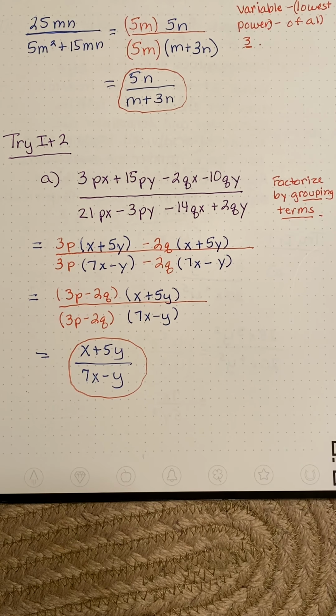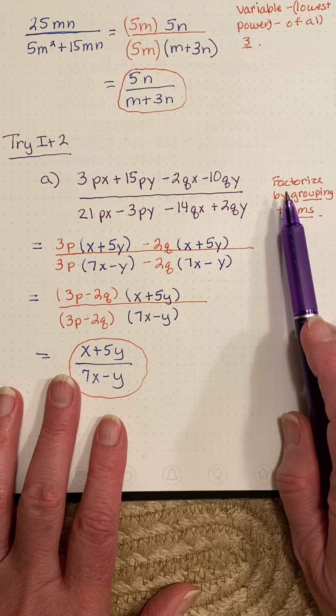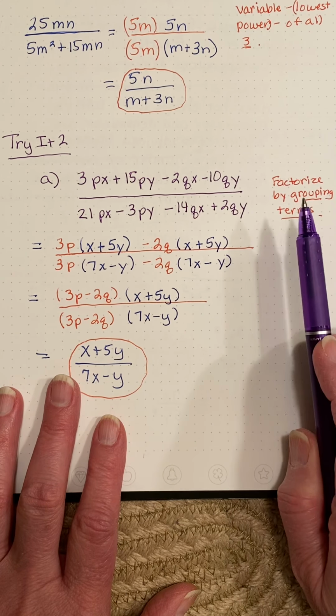So problem A in try it 2 is 3px plus 15py minus 2qx minus 10qy over 21px minus 3py minus 14qx plus 2qy. I am going to factorize by grouping terms.